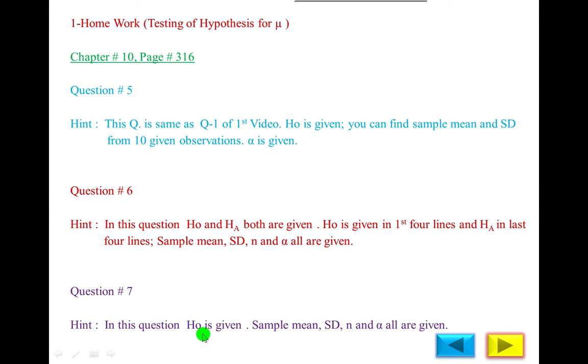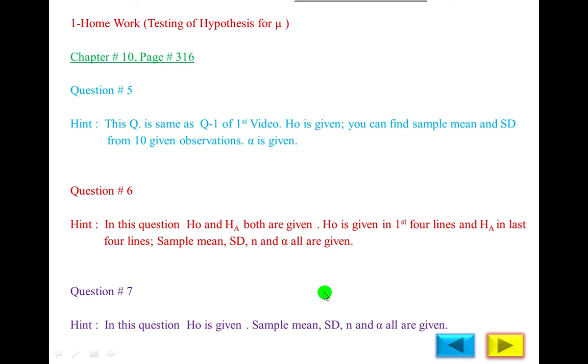So if null is equal to, alternate will be not equal to. If null is less than or equal to, alternate will be more than. If null is more than or equal to, alternate will be less than. So read these 3 questions carefully and try to solve question number 5, question number 6, question number 7.